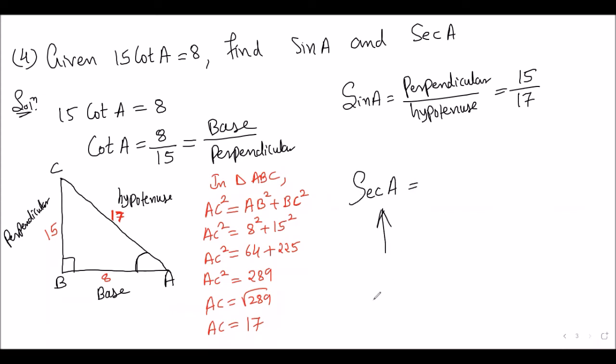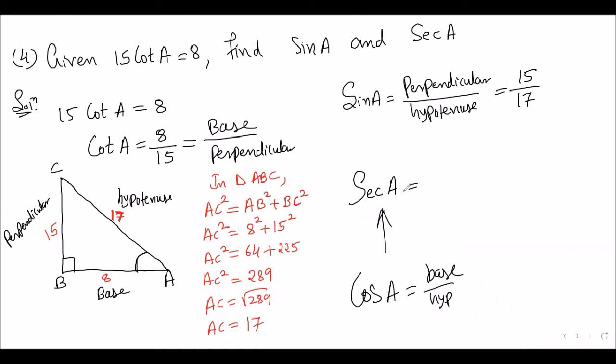Okay, done. Now we have to find out sec A. Sec A is actually the reciprocal of cos A, hypotenuse by base. We know cos A is base by hypotenuse, but you have to go for the reciprocal for the secant.